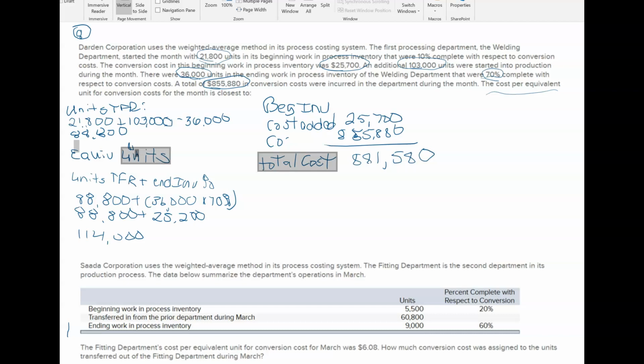To calculate the cost, you're going to take that and divide by the equivalent units that we calculated, 114,000. So the cost per equivalent unit is 7.733.